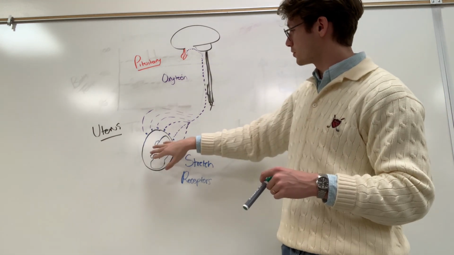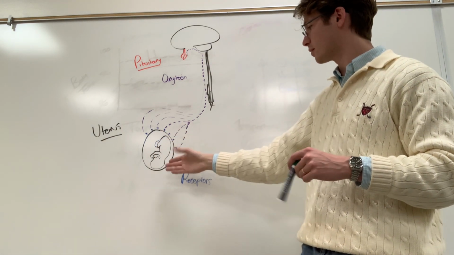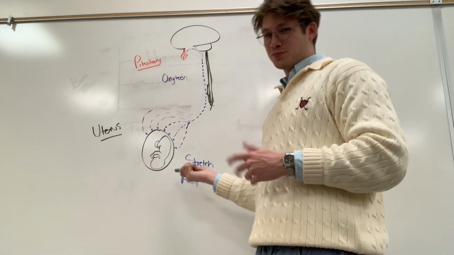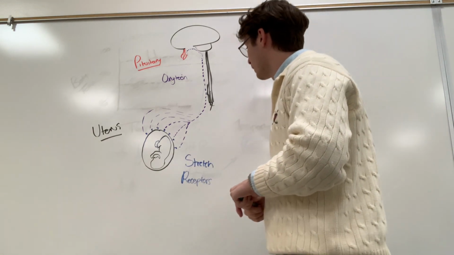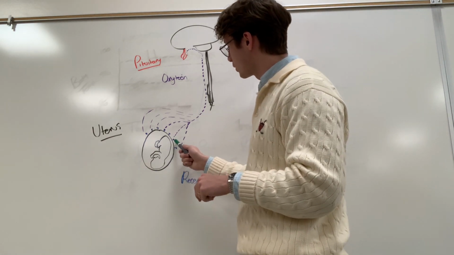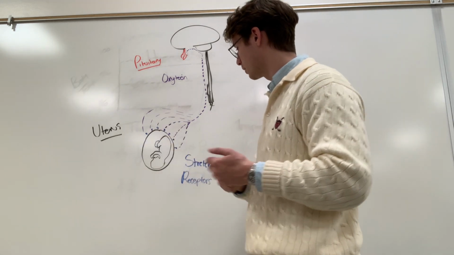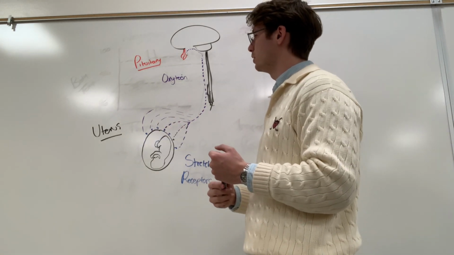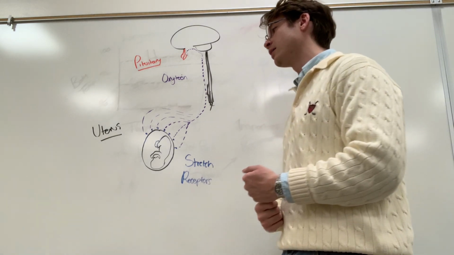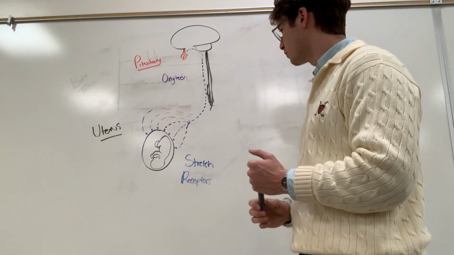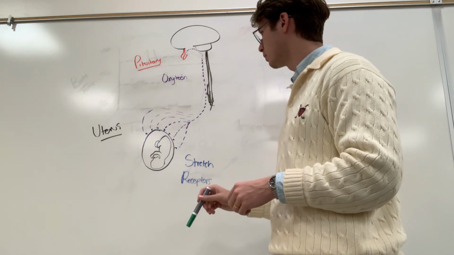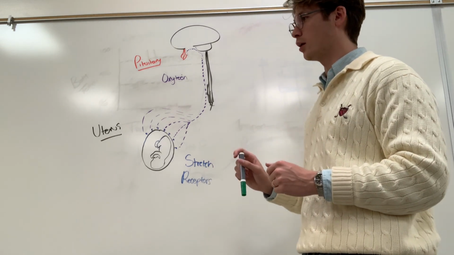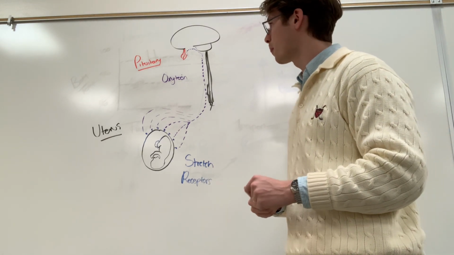And this is the inside of the uterus when there's a baby. I did the best I could. And I drew stretch receptors on the outside of the uterus. And so this process that we're looking at here is going to be labor. And the positive feedback loop is crucial when we're talking about a woman going into labor.